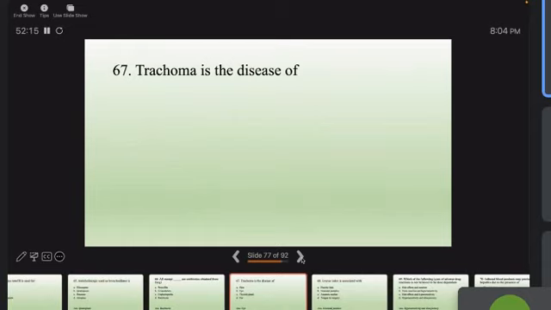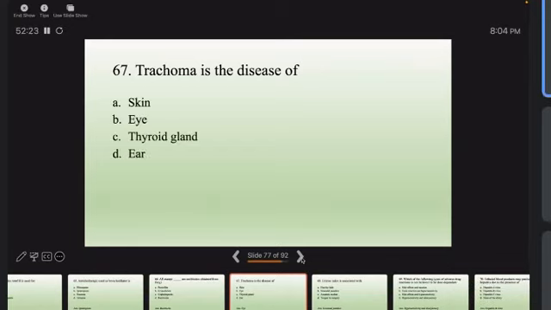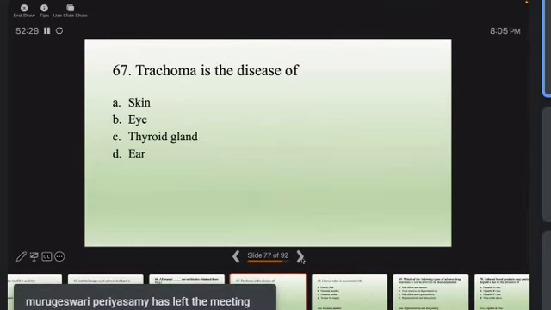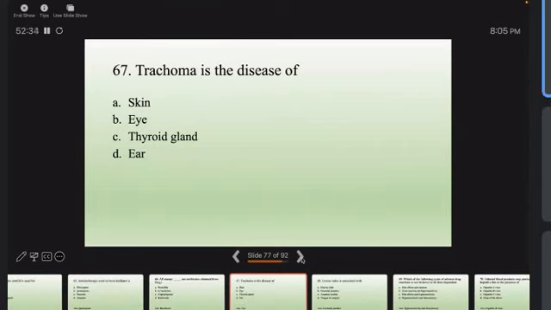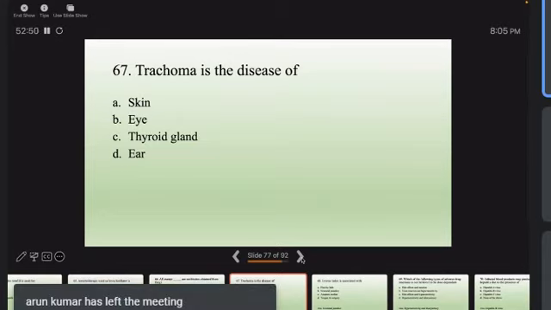Trachoma is the disease of skin, eye, thyroid gland, or ear?